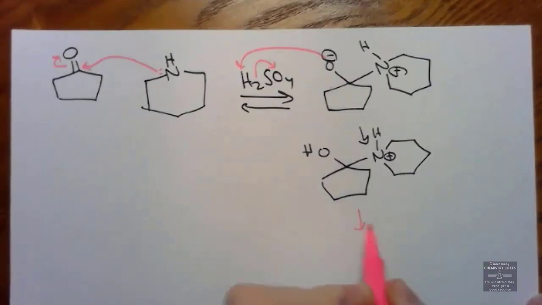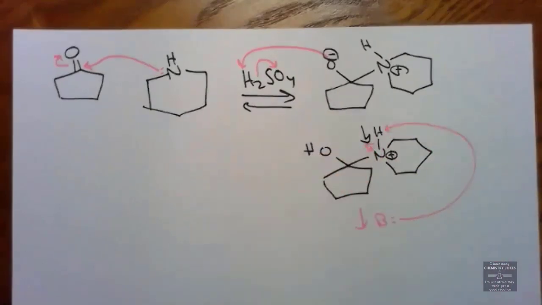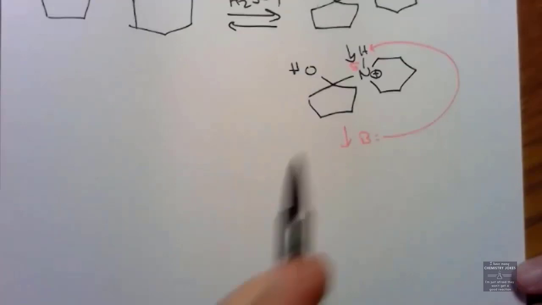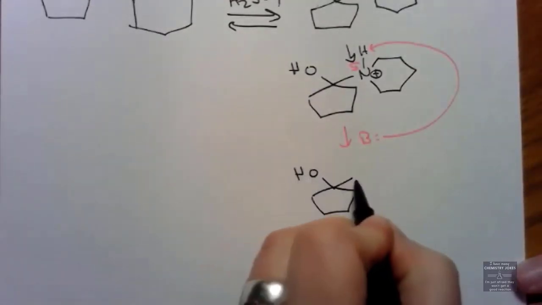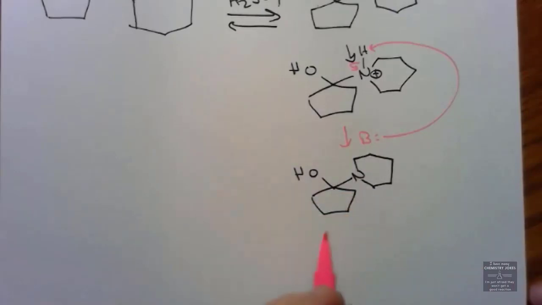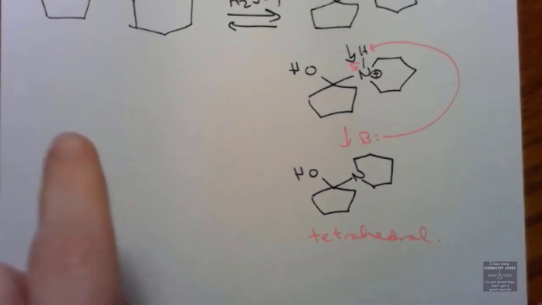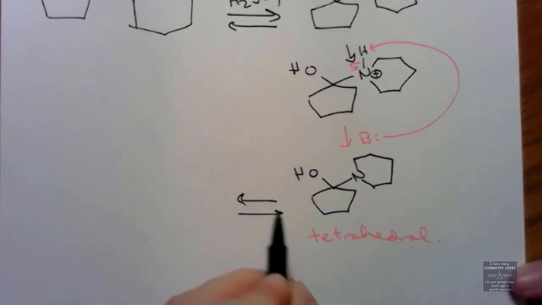Some base in solution deprotonates the nitrogen. And here we are, a neutral tetrahedral intermediate. I started out with oxygen connected. I want to keep nitrogen connected.